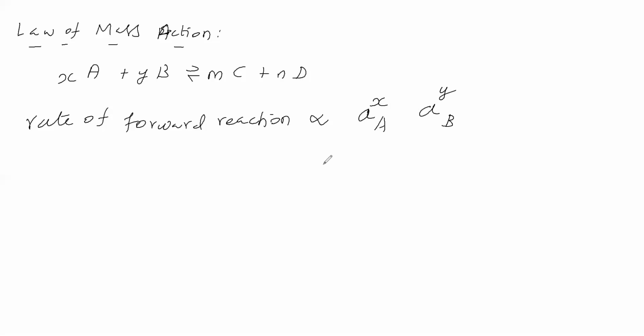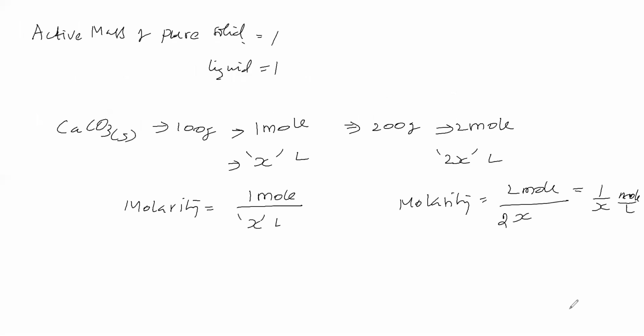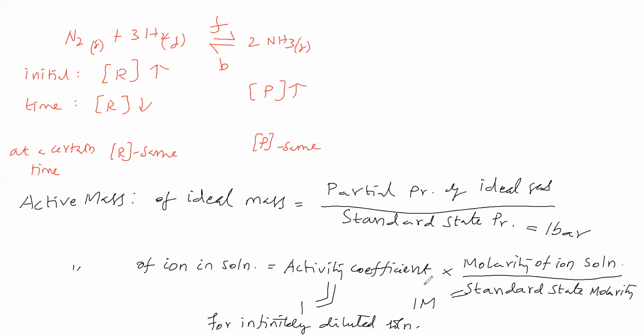Then this active mass, what we have discussed, active mass is equal to activity coefficient into molarity by standard state molarity. Standard state molarity value is constant 1M, activity coefficient also constant 1 for infinitely diluted solution. Therefore, active mass of ion is equal to molarity of ion in solution.